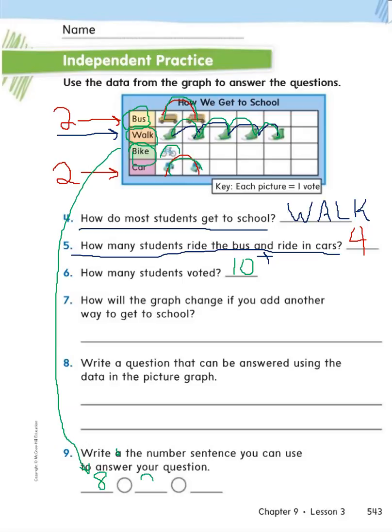Well, 2 people don't take a car. And am I going to add or subtract? Good. Hopefully you said subtract. 8 minus 2 equals 6. There are so many different questions we could make from this. Okay, let's move on. We're almost finished.